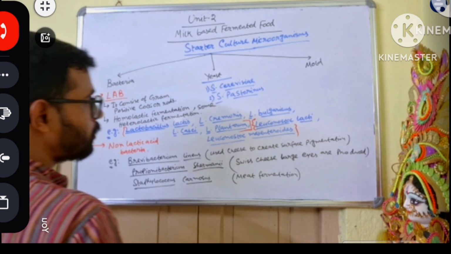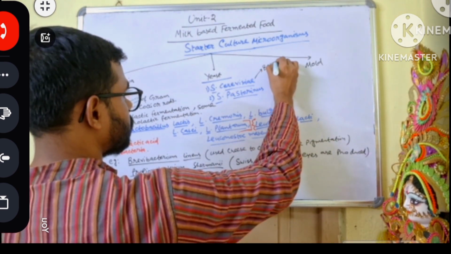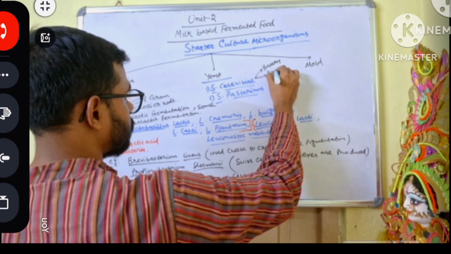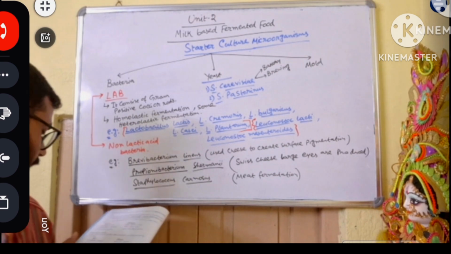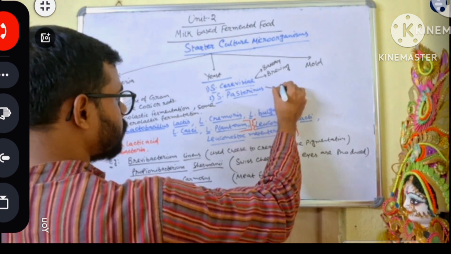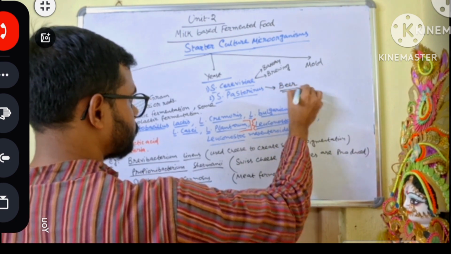Saccharomyces cerevisiae is used in both bakery and brewing. Saccharomyces pastorianus is also used in brewing, beer production.